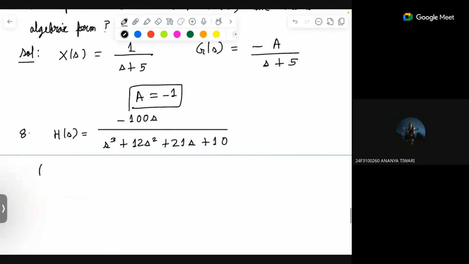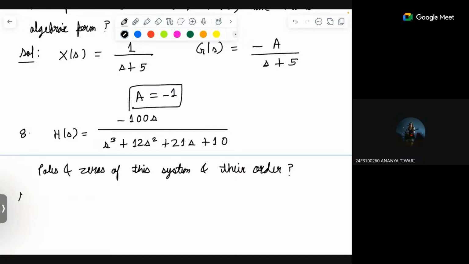You have to tell me poles and zeros of this system and also their order. The question is clear now?